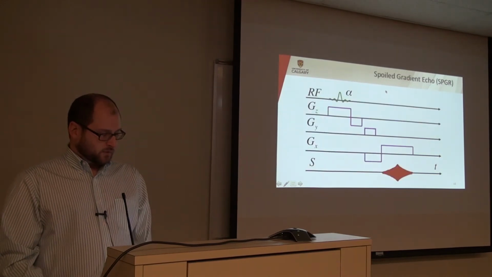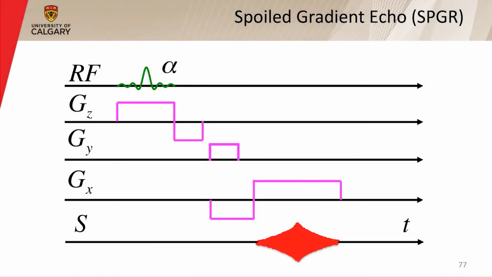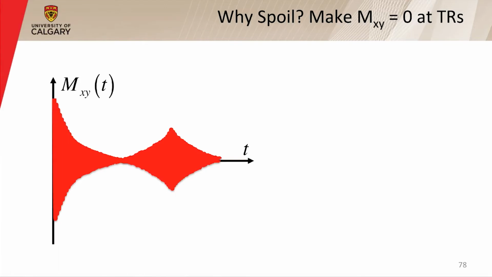Okay, so if we take this regular gradient echo sequence, what we do for spoiled gradient echo imaging is we apply these spoilers or crusher gradients to basically further dephase anything that is not already decayed away due to T2 star. And so if you think about it this way, if this is our magnetization as a function of time, and we want to reduce the TR, well, if we apply our next alpha pulse here, we don't have zero magnetization in the transverse plane.